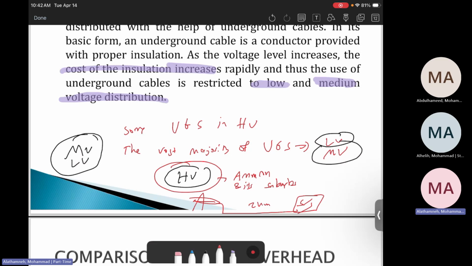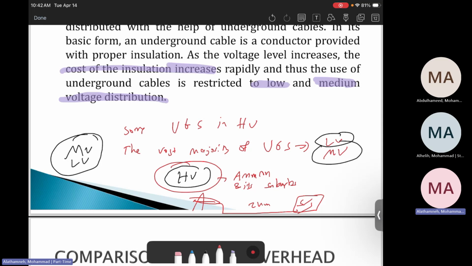But not a full line, it's not like the connection between Abdali and Abdoun, or between Abdoun and the city center, or between Abdoun and the university. So you will see a very big network of underground cables in high voltage there. But in Irbid, not a lot. In the other cities, not a lot. We barely see them.